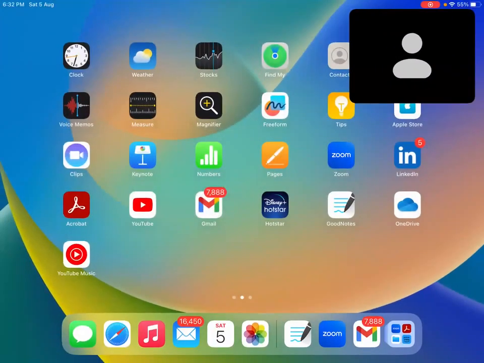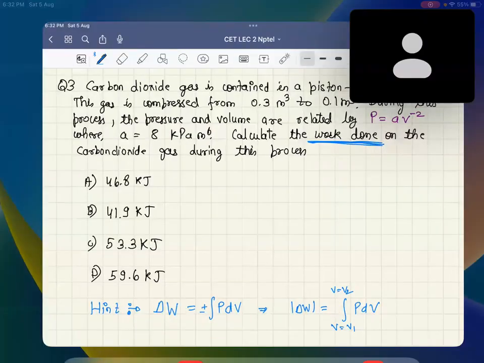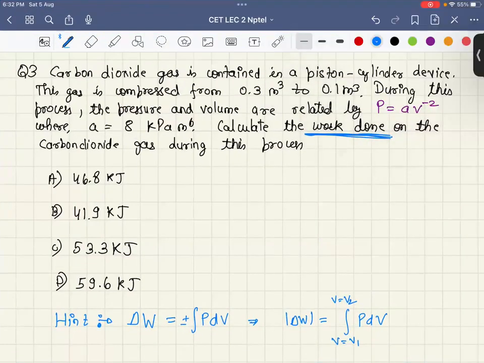This is the question. Hint number 2 is just substitute the value of P in here.